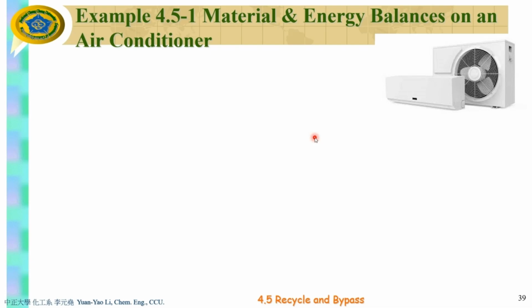Right. So now let's practice this example, 4.5-1, material and energy balances on an air conditioner. You know an air conditioner, right? The air conditioner is the one we have here now.